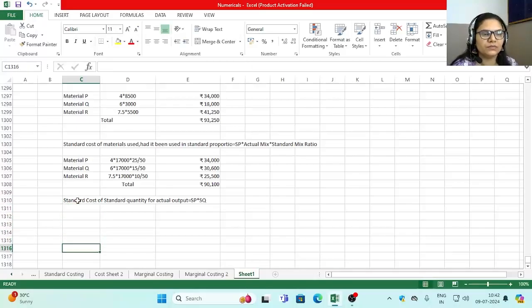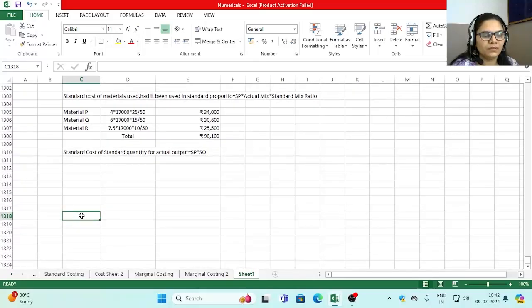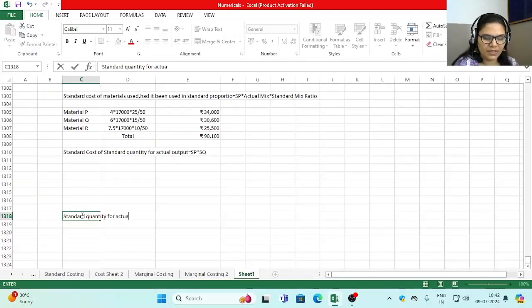Now we have to calculate standard quantity for actual output.